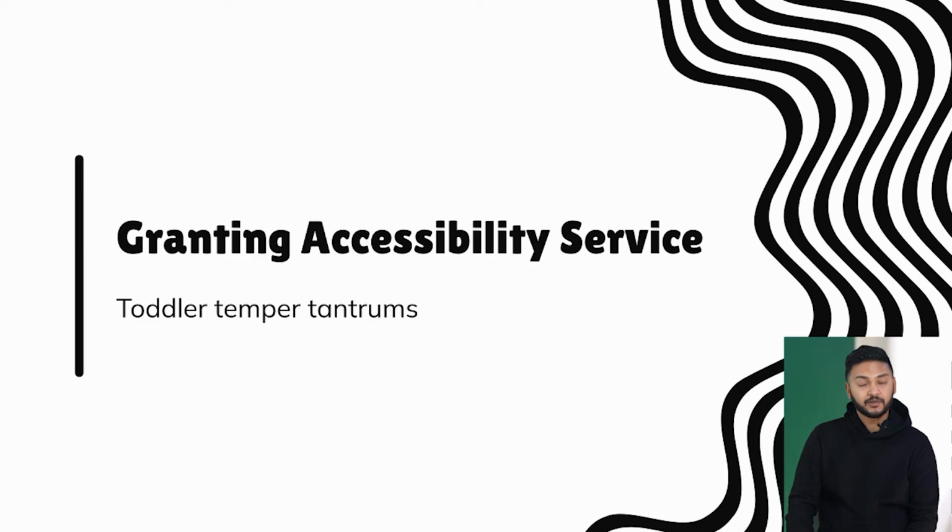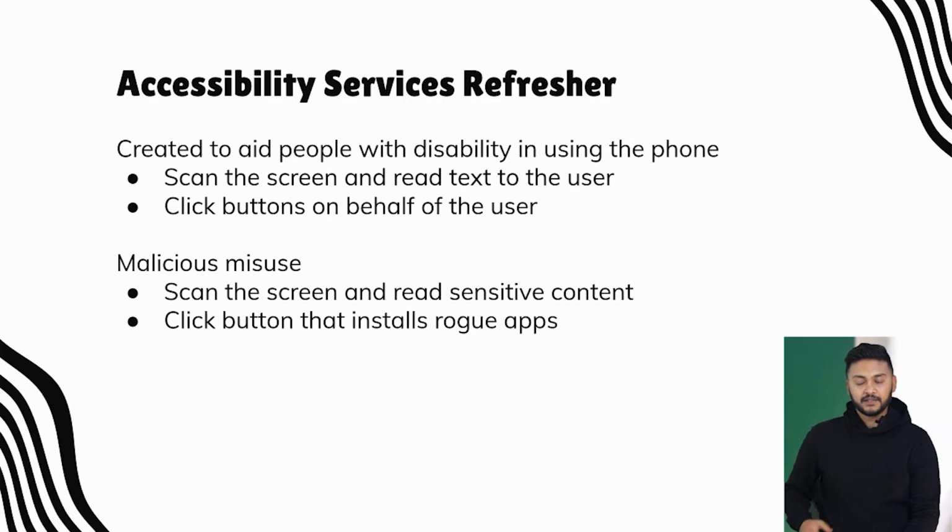Now, let's look at the third example, granting accessibility services. Accessibility services in Android is a feature that was created to help disabled people use the device more effectively. An application that has accessibility services permission is a lot more powerful than a regular application.